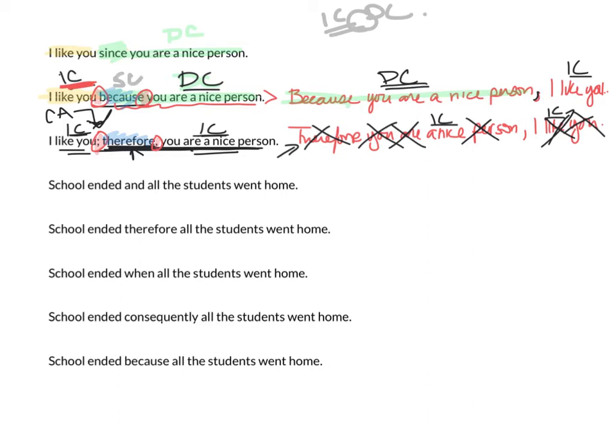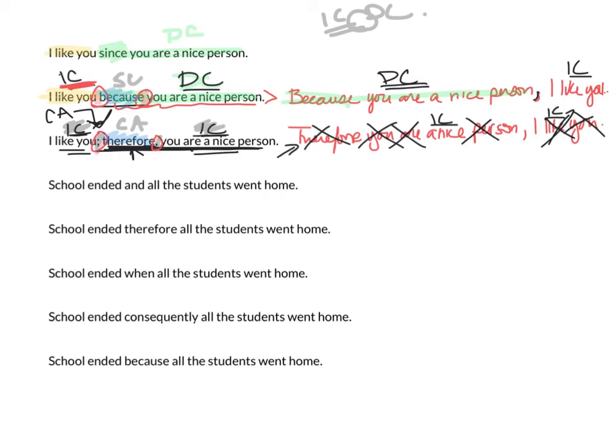Subordinates can always be told what to do and where to go. If you have a sentence that cannot flip-flop, you have a conjunctive adverb. Two independent ideas, that requires semicolon and comma. So let's take a look at the next one.